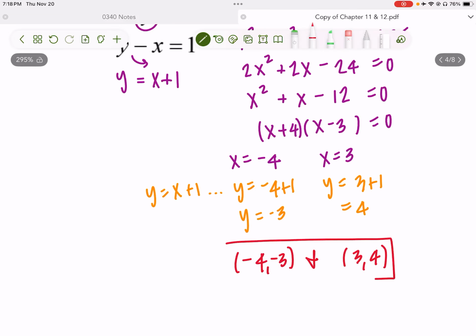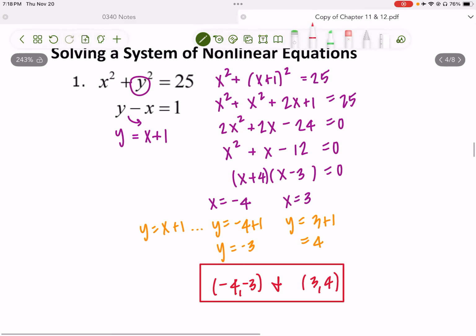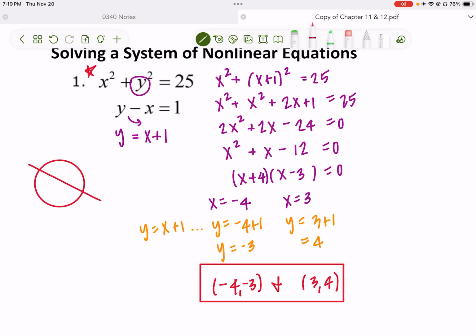Those are going to be the two solutions to this system. Now, that's going to happen because one of these is a circle, right? This one is the circle, and then the one underneath is the line. So there's going to be two places where the system intersects. And we found those two points.